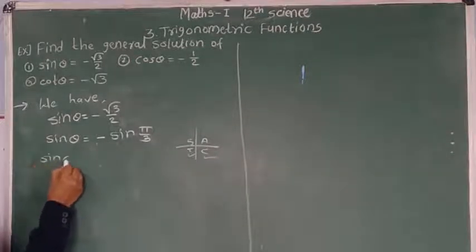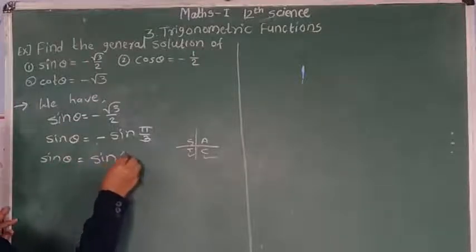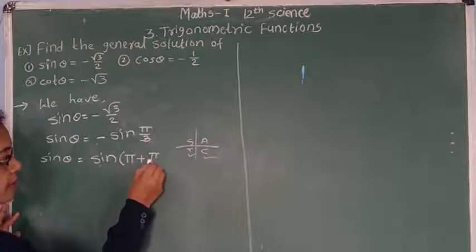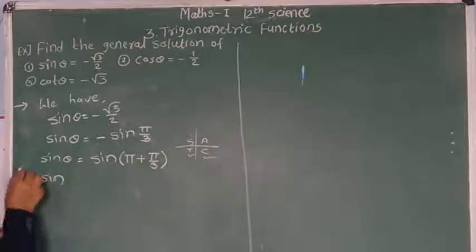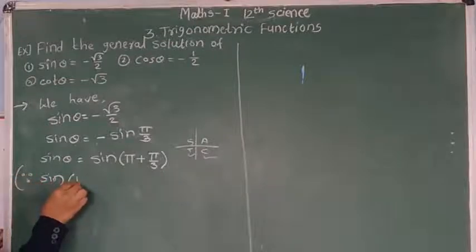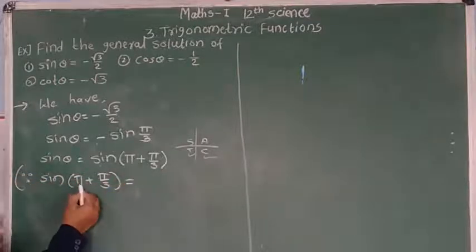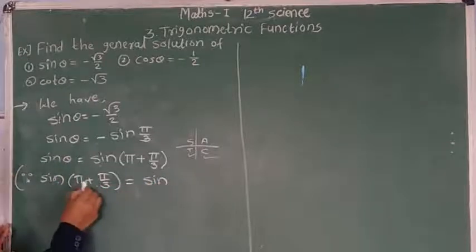So we can write sin theta is equal to sin of pi plus pi by 3. Since it is pi plus theta, the sine remains sine. Let us write the formula: sin of pi plus theta.